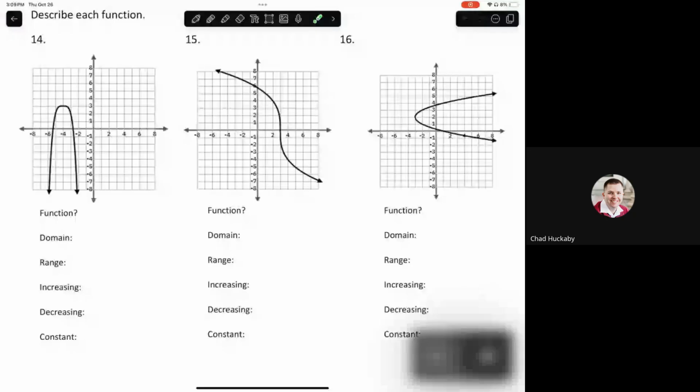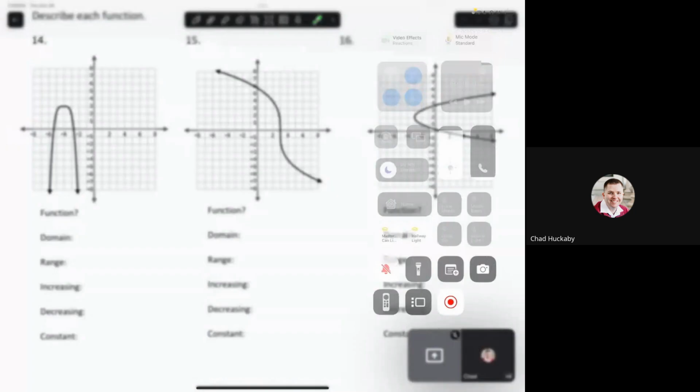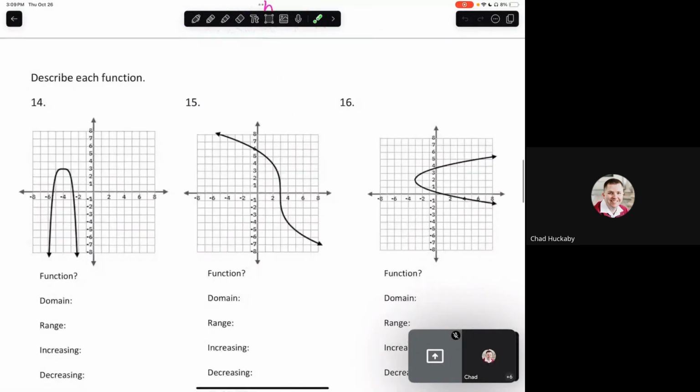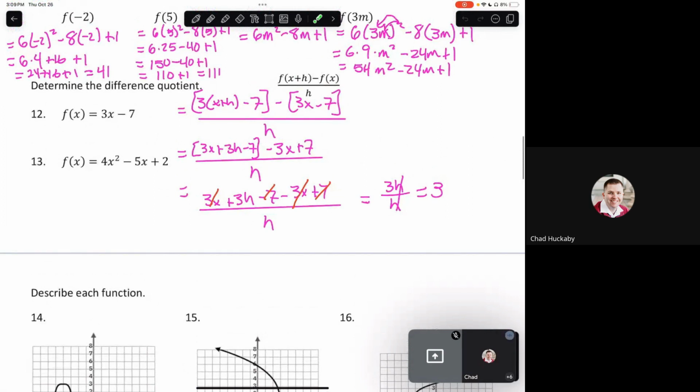Right, now I've been able to get into the meeting, and we will share my screen from my iPad. Okay. Can everyone see my screen okay? Yes, sir. Very good. All right. Let's see if I can get on my other screen.